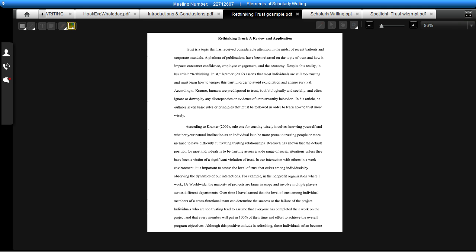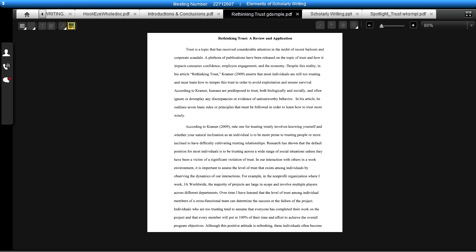According to Kramer 2009, Rule 1 for trusting wisely involves knowing yourself and whether your natural inclination as an individual is to be more prone to trusting people or more inclined to have difficulty cultivating trusting relationships. Research has shown that the default position for most individuals is to be trusting across a wide range of social situations unless they have been a victim of a significant violation of trust.